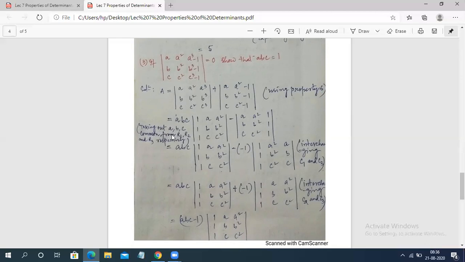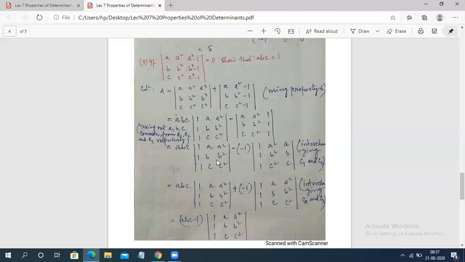After taking out A, B, C, we have ABC times the determinant 1, a, a square; 1, b, b square; 1, c, c square. Negative sign outside, it will be a square, 1; b square, 1; c square, 1.